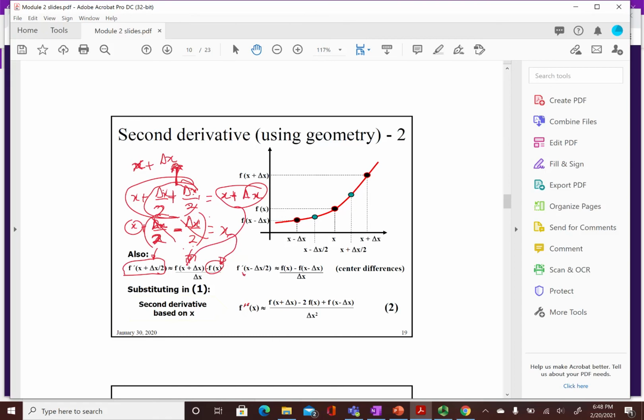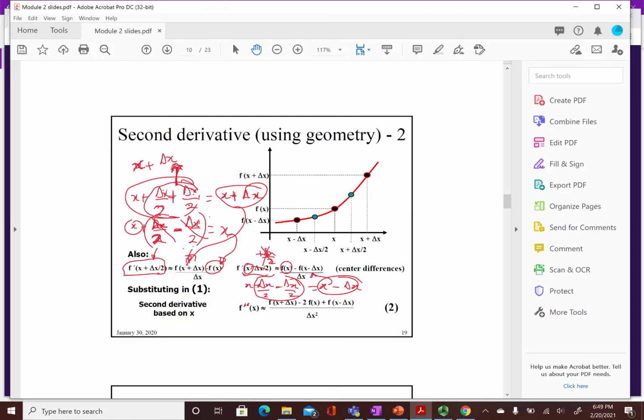Do the same thing for this. x minus delta x over 2, minus delta x over 2: minus minus becomes x minus delta x. That's this one. The other is plus delta x over 2, so minus delta x over 2 plus delta x over 2 cancels, and you're left with f of x. That's this.